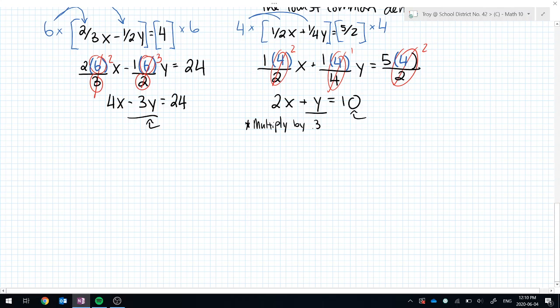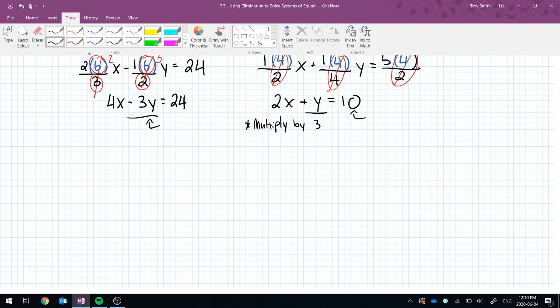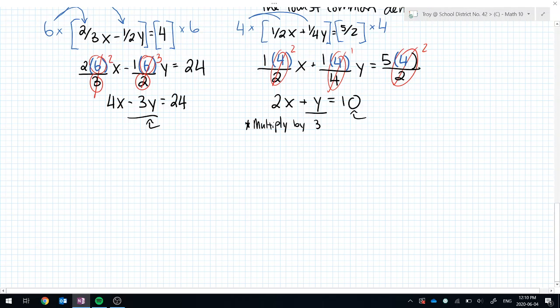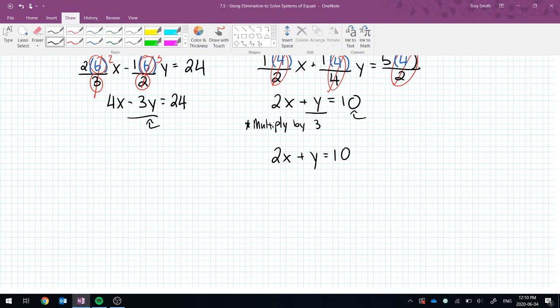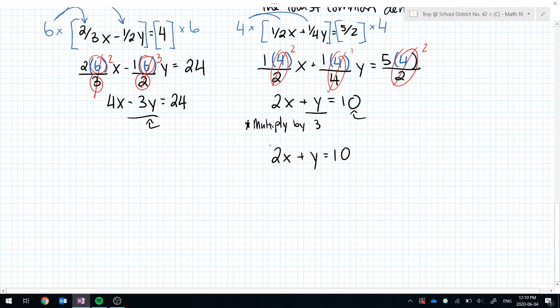So if I multiply everything by 3 here, I'll just rewrite it, just to be a little easier to see. So just like I was multiplying by 6 and 4 up here, I'm going to come down here and multiply by 3.